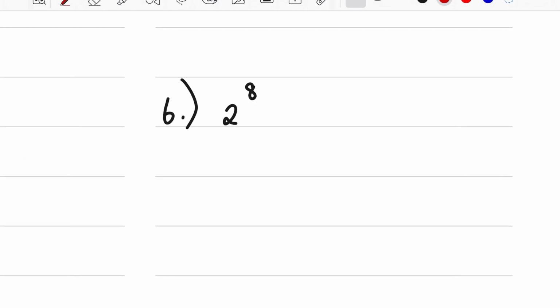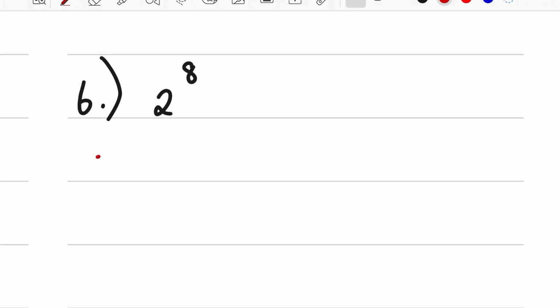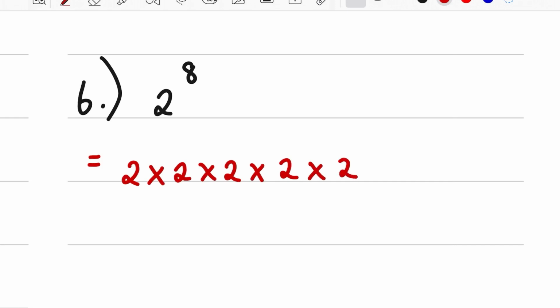Now for question 6, 2 raised to the power of 8. So that means 2 multiplied by itself 8 times. Let's write that out. 2 multiplied by 2, multiplied by 2, multiplied by 2, multiplied by 2, multiplied by 2, multiplied by 2, multiplied by 2.